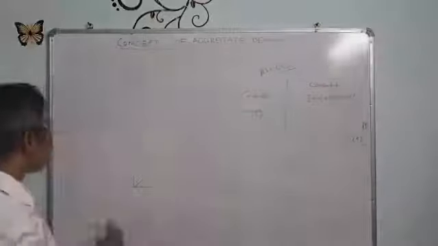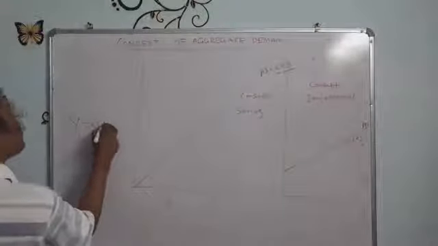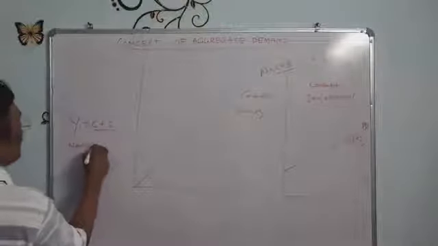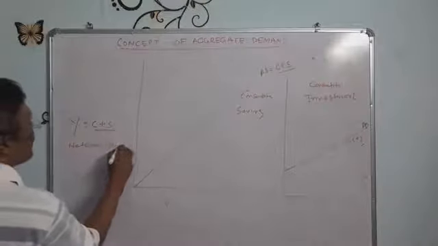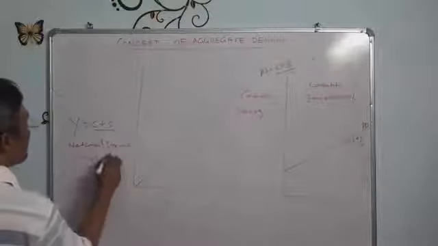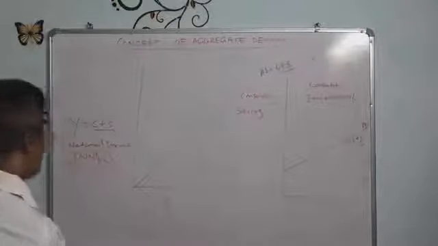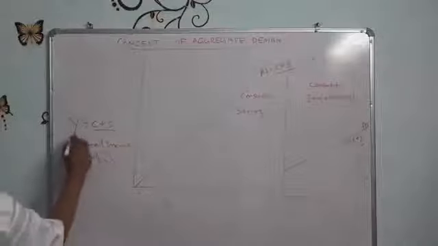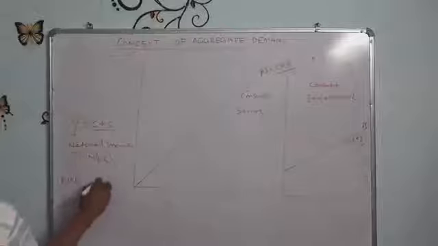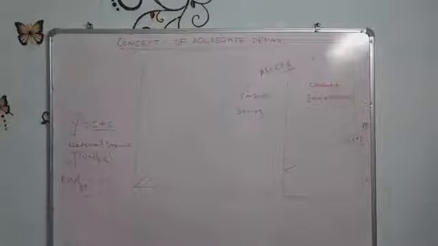What is Y? We are saying Y equals consumption plus saving. Y here is national income, that is NNP at factor cost. I will not explain more about NNP at factor cost now. So NNP at factor cost equals consumption plus saving.